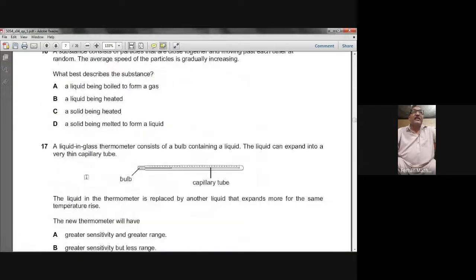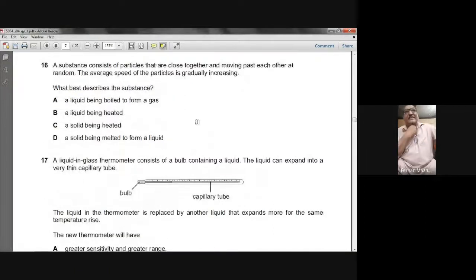Question number 16. A substance consists of particles that are close together and moving past each other at random, and the average speed of the particles is gradually increasing. What best describes the substance? It's a liquid.